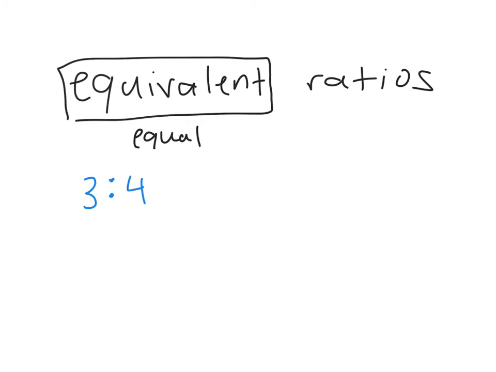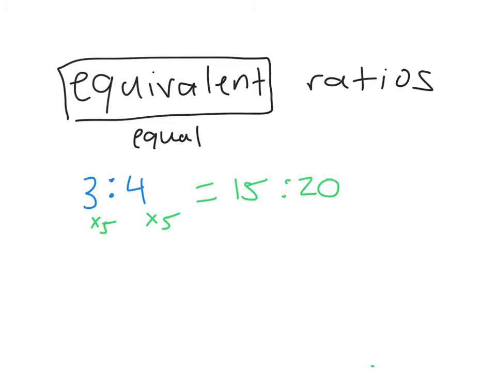So if I wanted to find an equivalent ratio that was greater than this one, maybe I would try to multiply both of my terms by 5. Times 5, times 5, which would be equal to 3 times 5 is 15, and 4 times 5 is 20. So 15 to 20 is an equivalent ratio to 3 to 4.